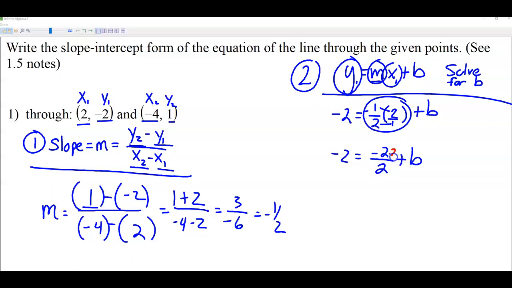So I'm going to multiply by 2 here, which is going to cancel that out. We're going to multiply that by 2, and we're going to multiply that by 2. And that leaves me with negative 4 equals negative 2 plus 2b. And then we're going to solve for b.